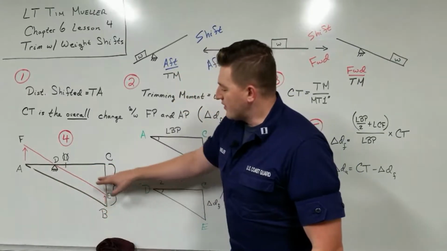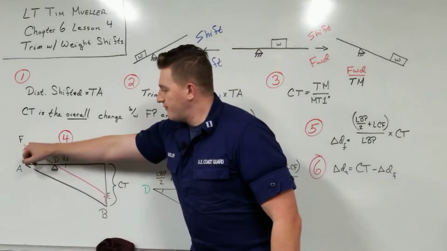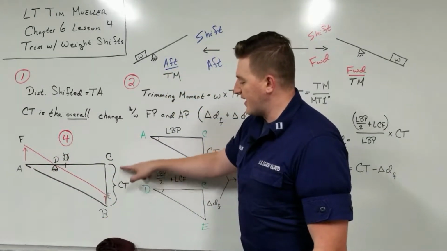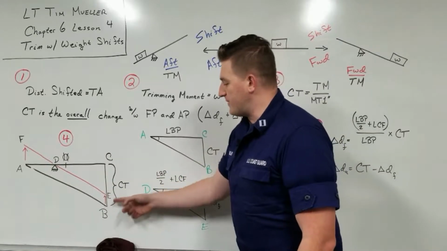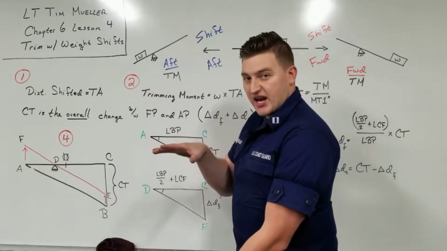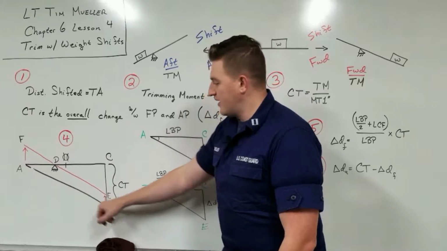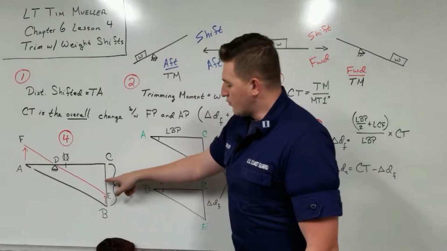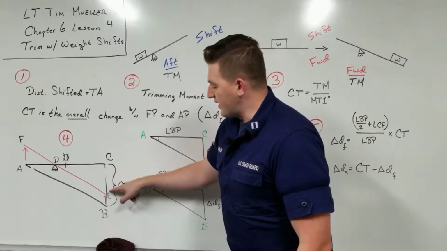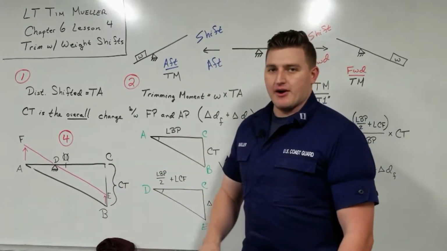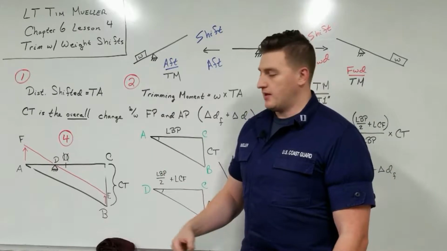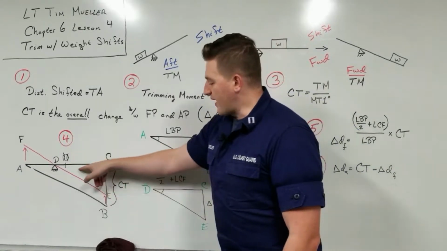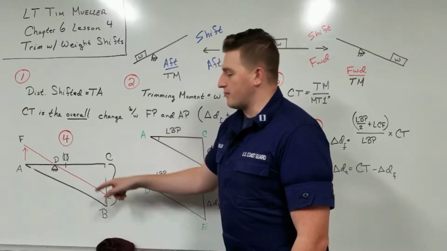Now we have this red line, E to F. The original change in trim was the entire distance from B to C, the entire change between forward draft and aft draft. Now we've shifted it up. This CE is going to be our delta D forward. In this situation, we have a forward trimming moment, so delta D forward is going to be positive.